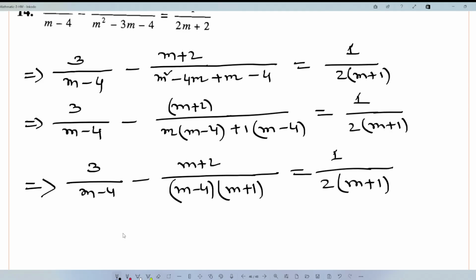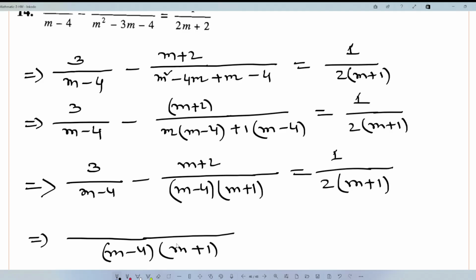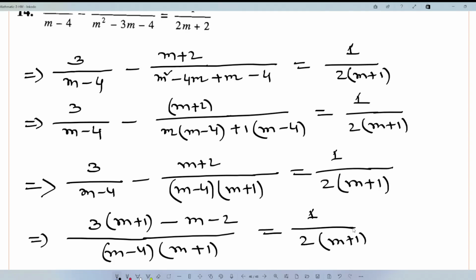So what can we do? We can take the LCM of this one. The LCM is m minus 4 times m plus 1, because m minus 4 is a common thing and m plus 1 is the uncommon thing. So here is 3 times m plus 1 minus m minus 2, equal to 1 divided by 2 times m plus 1.